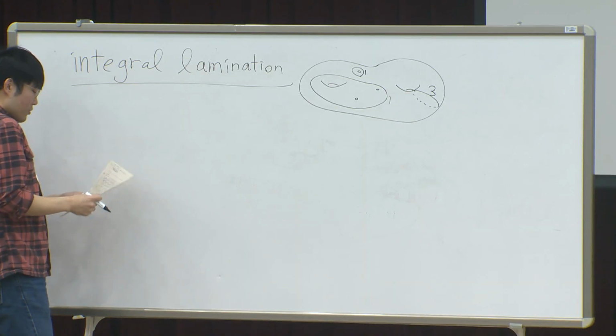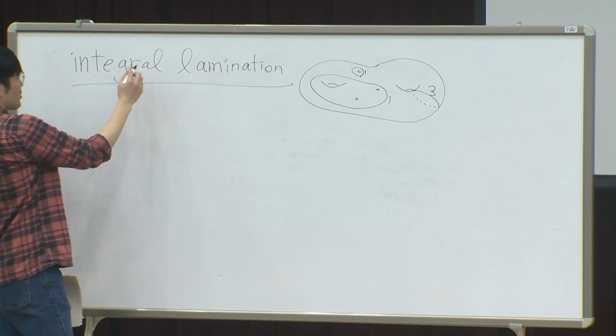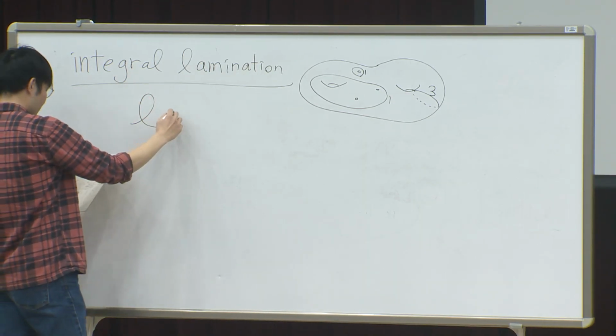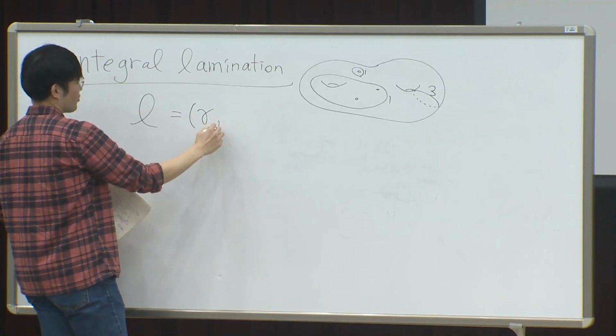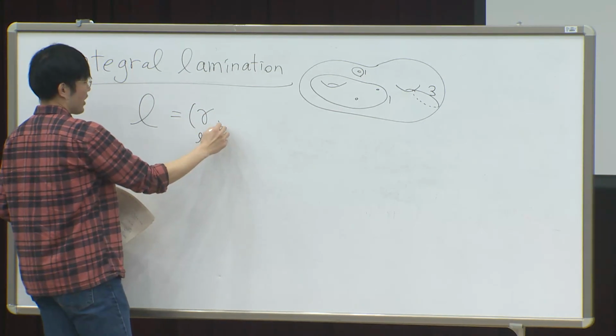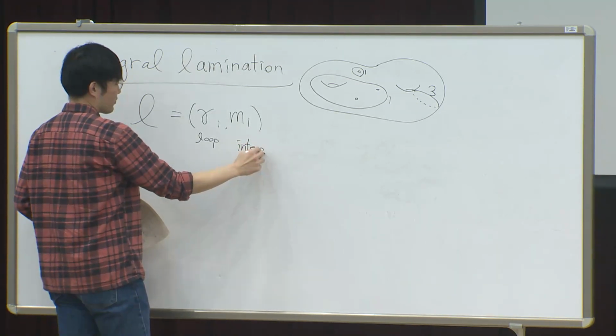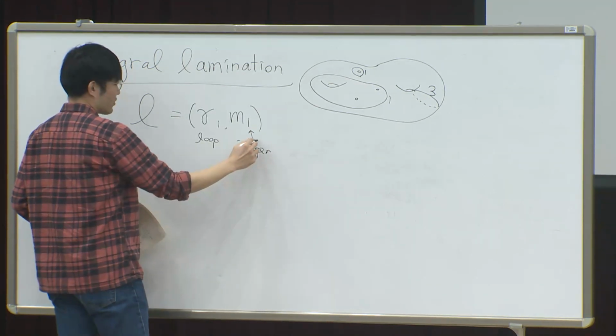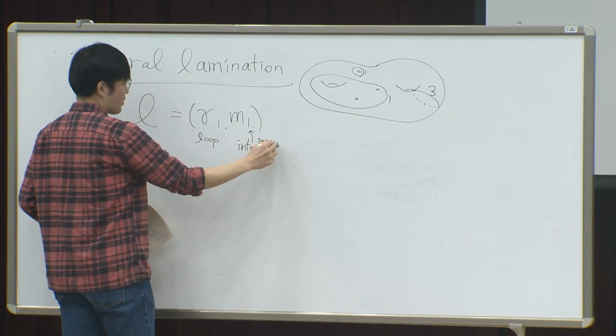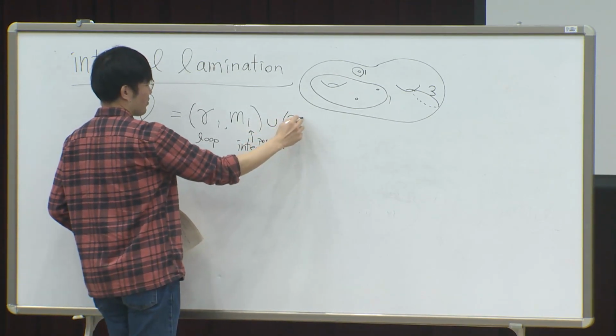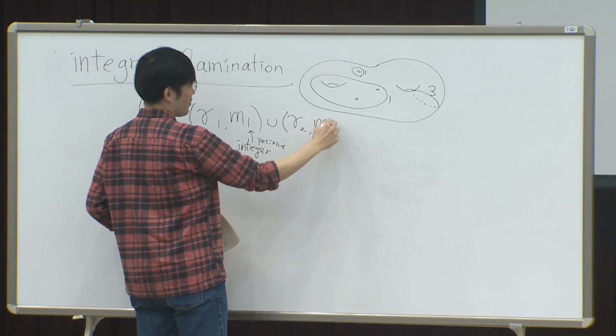So now the data looks like, so integral lamination L looks something like you have a loop, simple loop, and integer weight, or positive integer weight, and you have a bunch of them, finitely many of them.